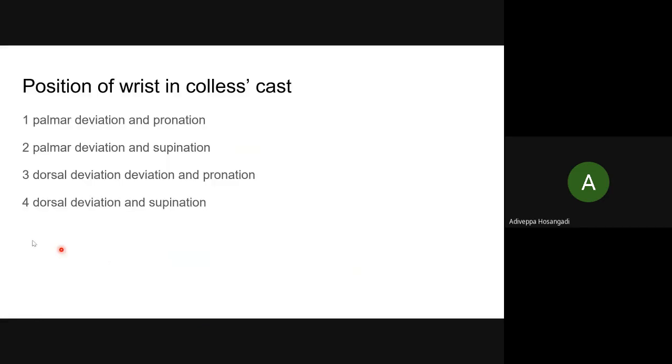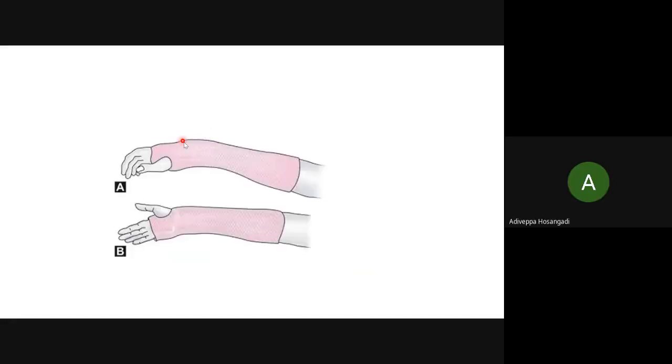So position of wrist in Colles cast? Pronation and palmar angulation, sir. Palmar deviation. Yes, very good. This is what I was telling. You have to reverse the position. Do you remember the dinner fork? It is dorsally displaced.